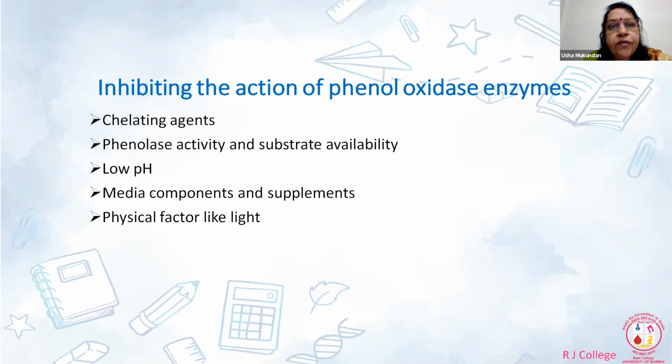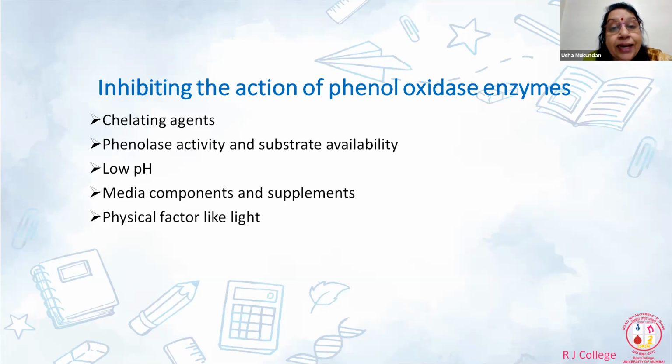Then all of you have studied that each and every enzyme has an optimum pH at which it functions properly, because the active sites of the enzyme are made available depending upon the pH of the solution. This enzyme requires an optimum pH of 6.7.